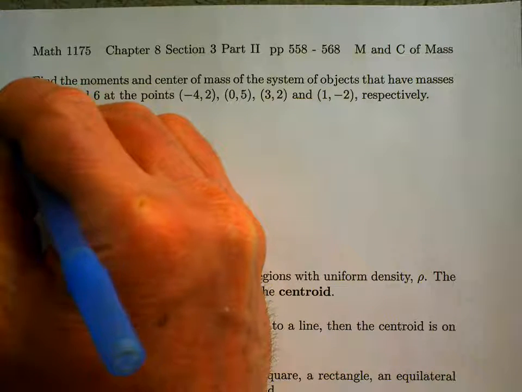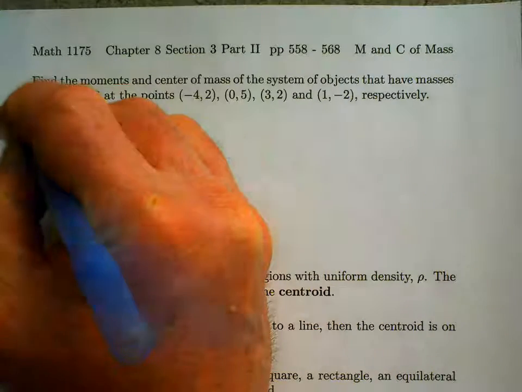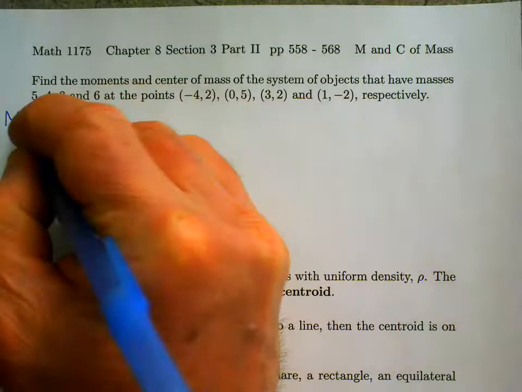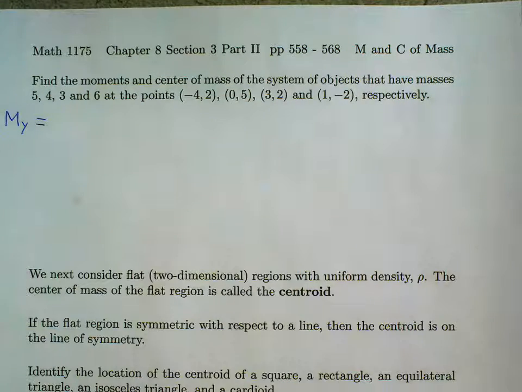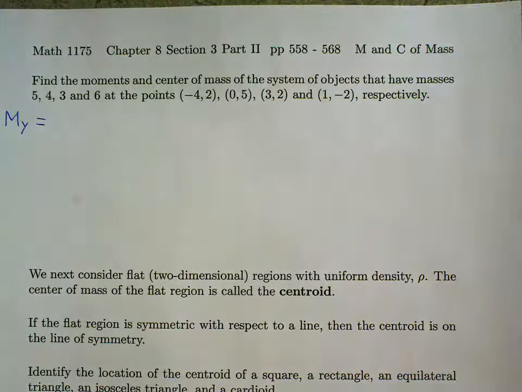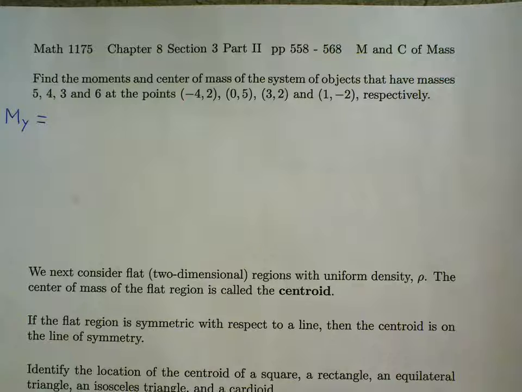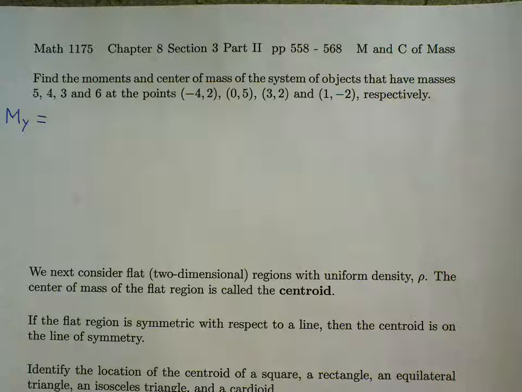Okay, so we can find the moment of the system about the y-axis, m sub y. So to find the moment of the system about the y-axis, we're going to multiply the individual masses by the corresponding x-coordinates of the point.